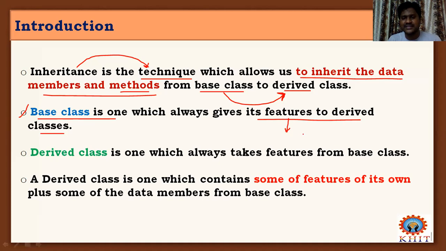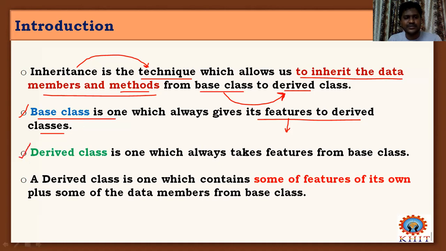In this context, the base class always provides access to the derived classes, those classes which are extending the base class using inheritance, and it allows them to access all the members of the class.